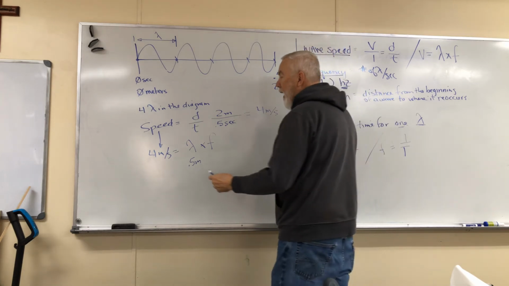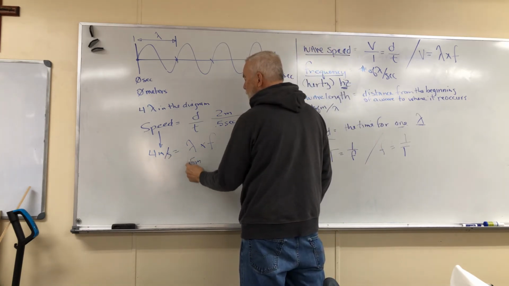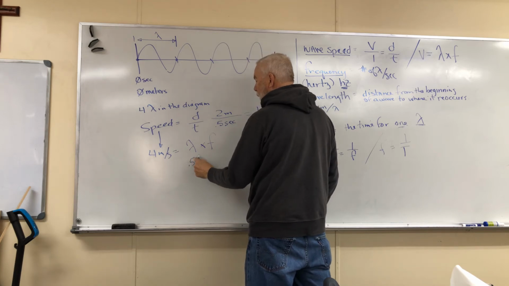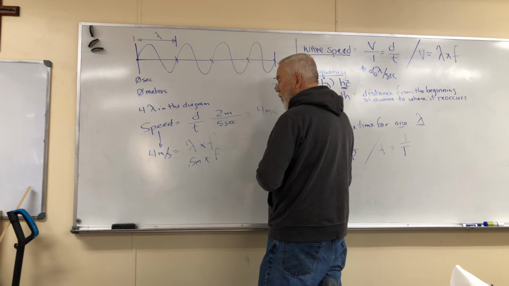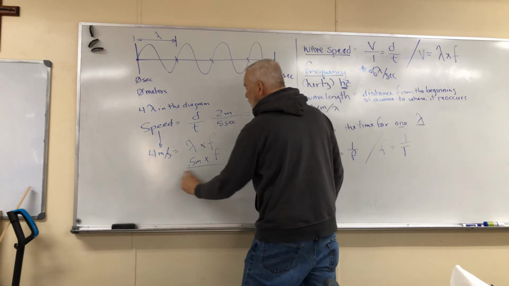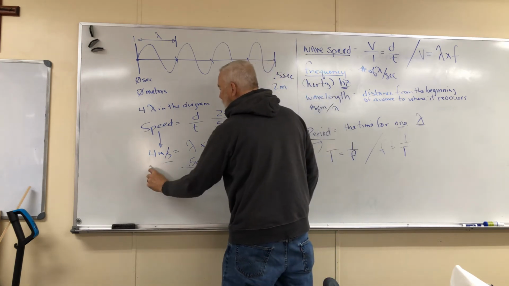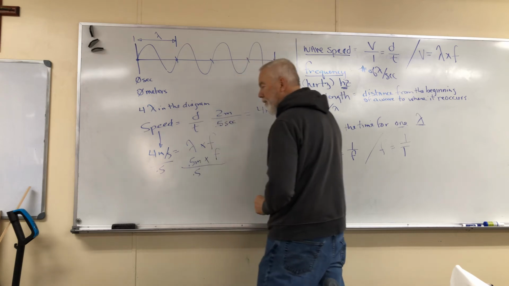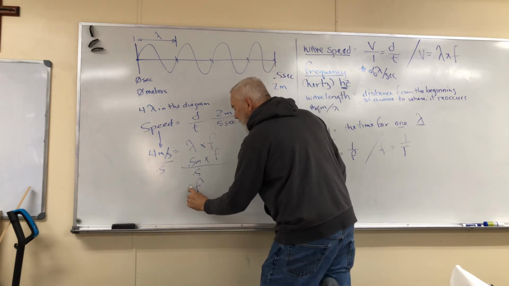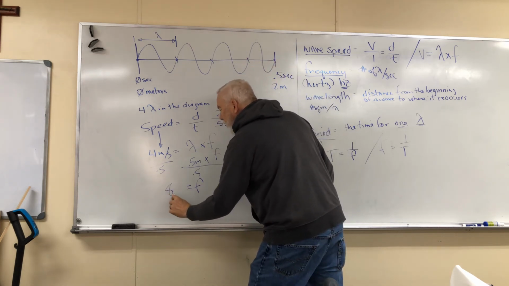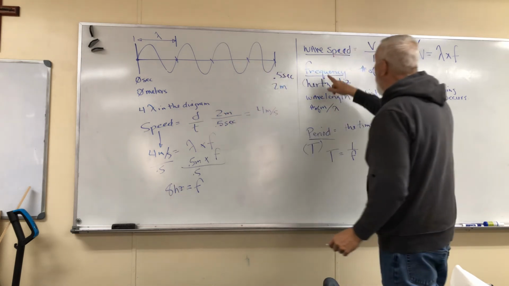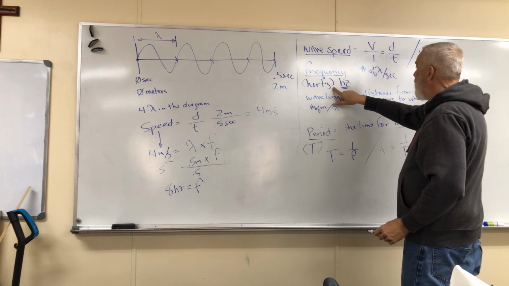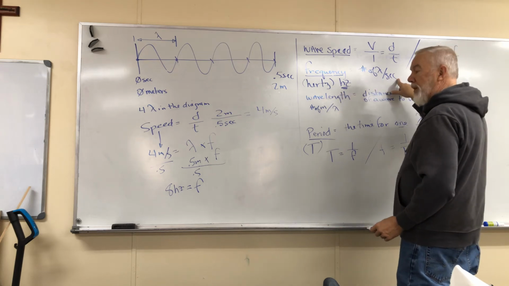So now we have 4 meters per second is equal to 0.5 meters, which is the wavelength, times the frequency. In order to solve for the frequency, we divide both sides by 0.5, and the frequency equals 8 hertz. And we remember that the units for frequency are hertz, or wavelengths per second.